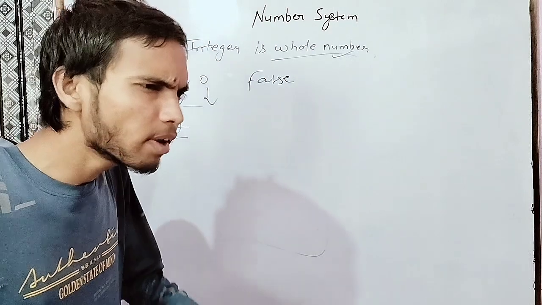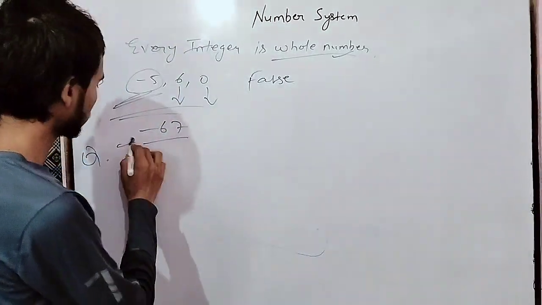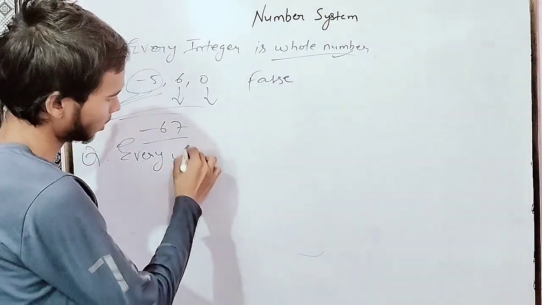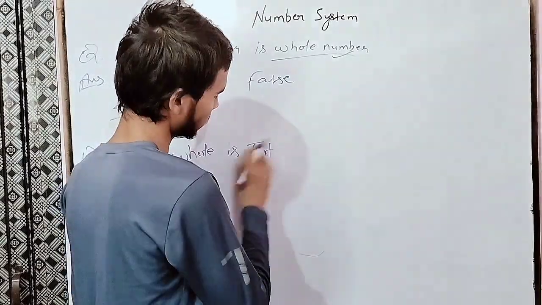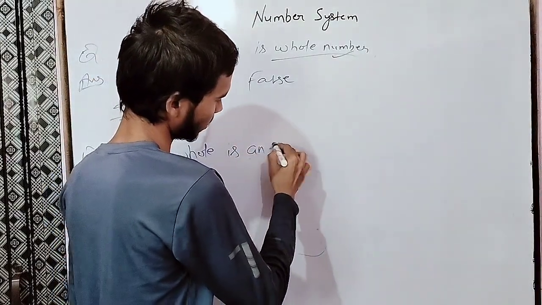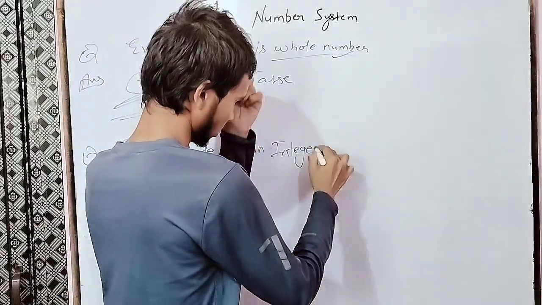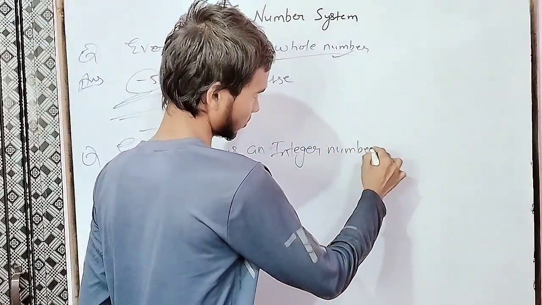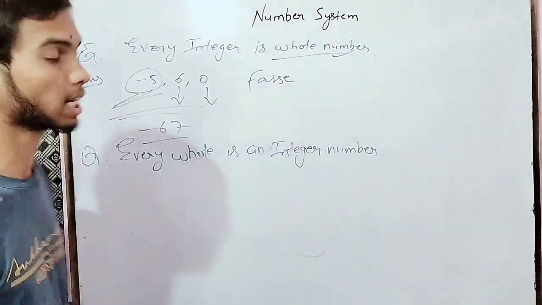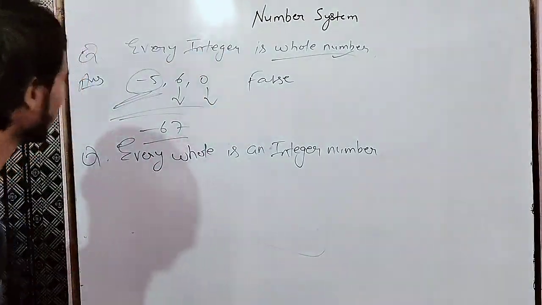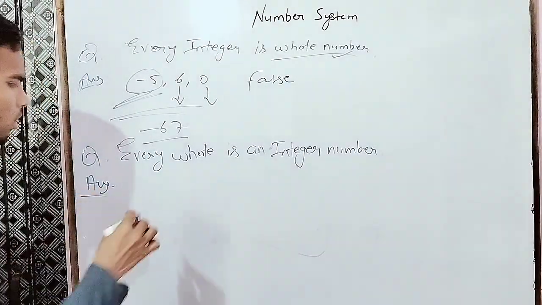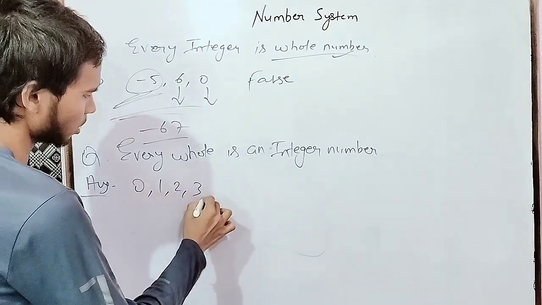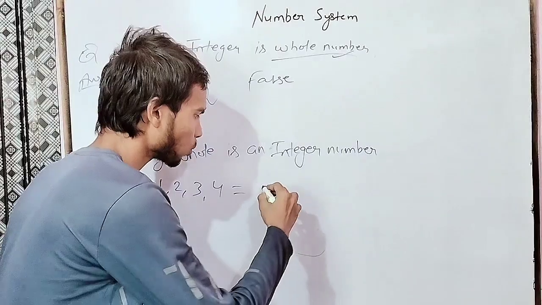Now what if every whole number is an integer? Is this statement correct? If yes, then tell me how. Every whole number, 0, 1, 2, 3, 4, is what?